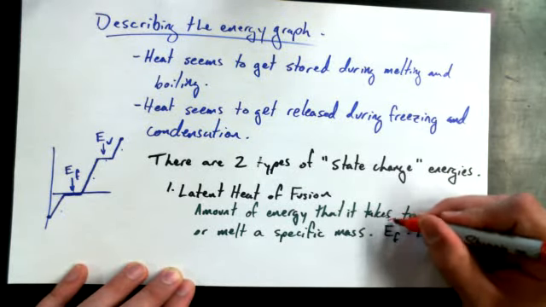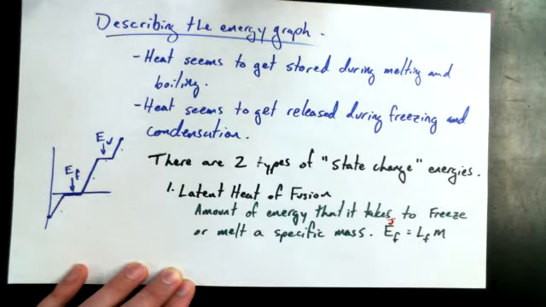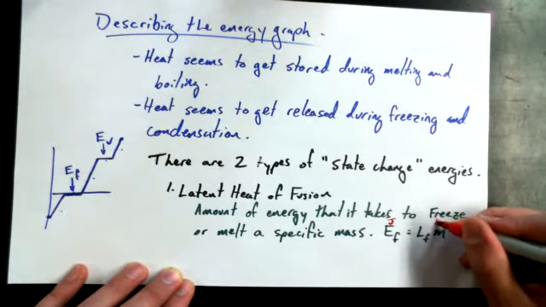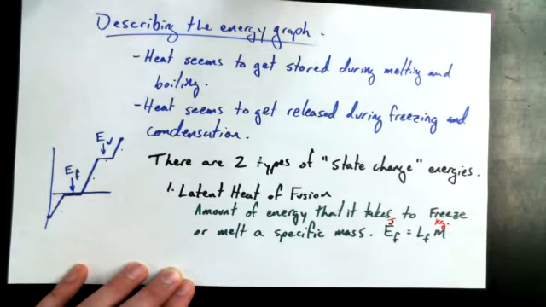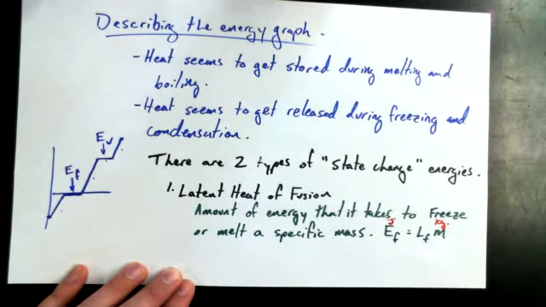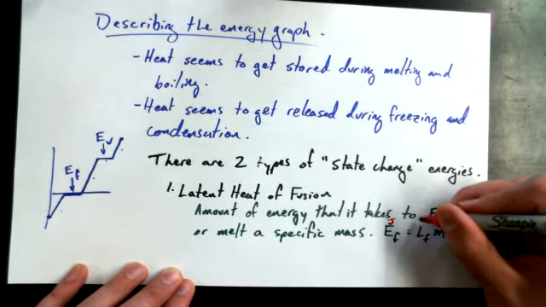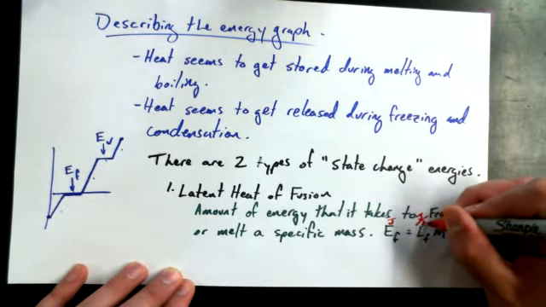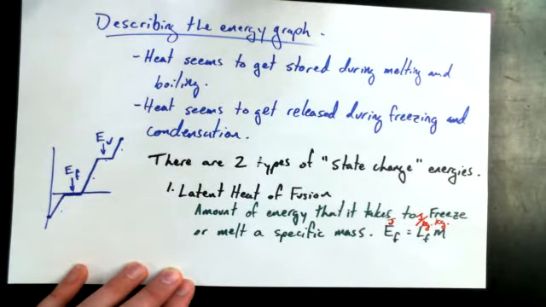If this guy has units of joules, energy has units of joules, and mass obviously has units of kilograms, what would the fusion constant's units have to be? Oh yeah, it could be meters squared per second squared. If I wanted to do it in terms of joules, how could I do it too? Yeah, joules per kilogram. You're right, it would reduce out to something a little bit more simple. But we could express it as just joules per kilogram, and most people do. Okay.